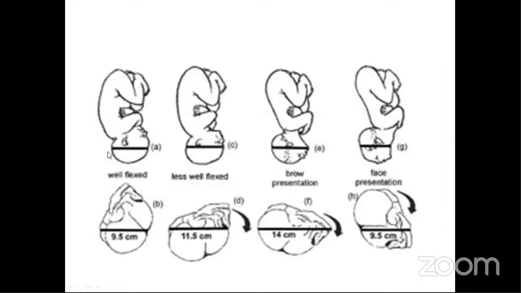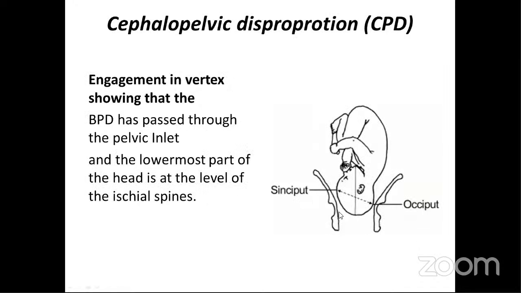The degree of flexion of the head can be assessed per abdomen by noting the positions of the sinciput and the occiput. Now, in this picture, you can note that the sinciput is the most prominent point on the anterior aspect of the fetal head, and the occiput is the most prominent point on the posterior aspect of the fetal head.